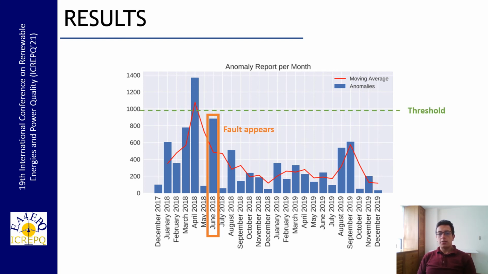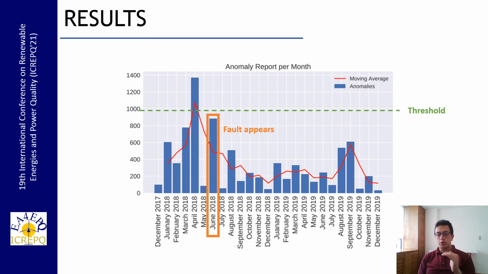And we established a threshold to identify this failure. This threshold is established by the average of the anomaly reports with at least 3 standard deviations above.